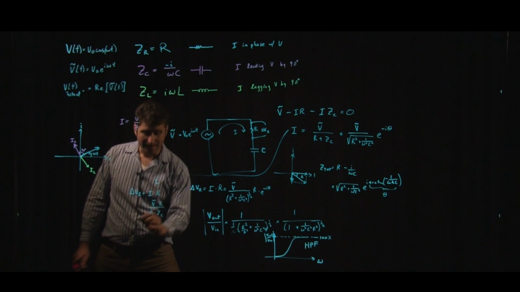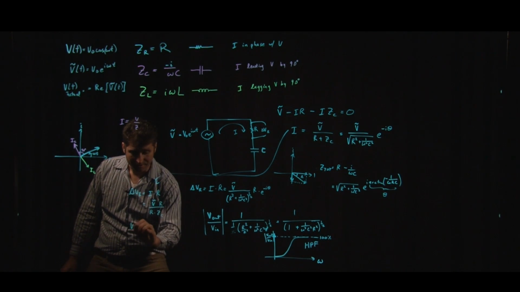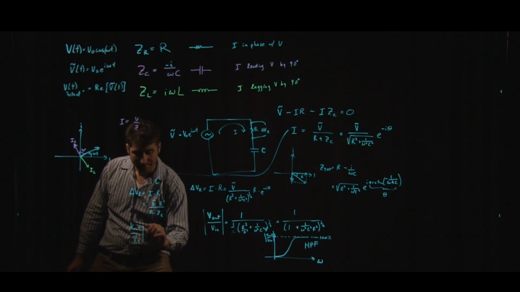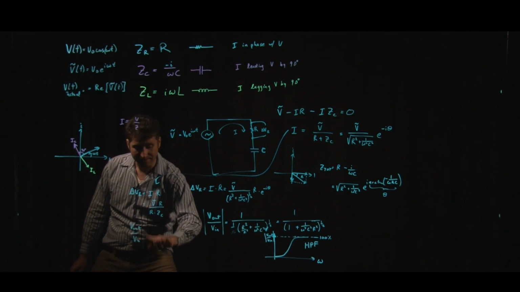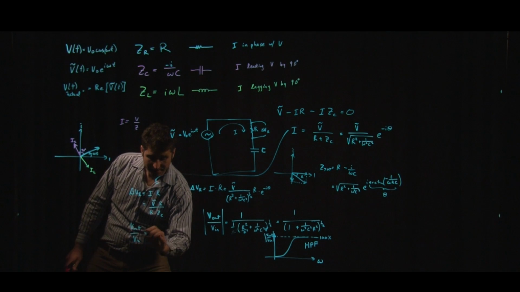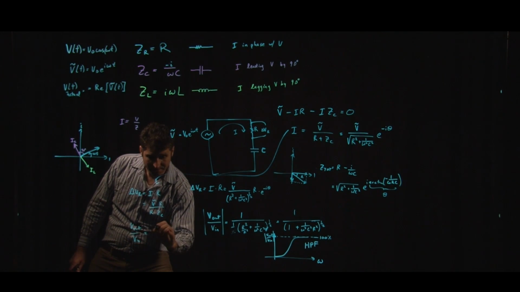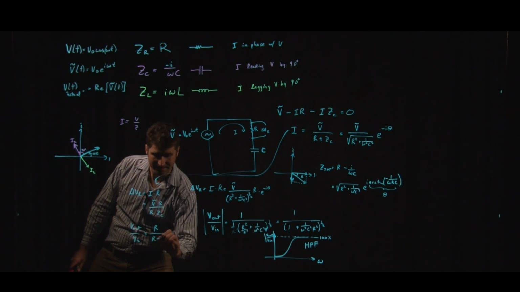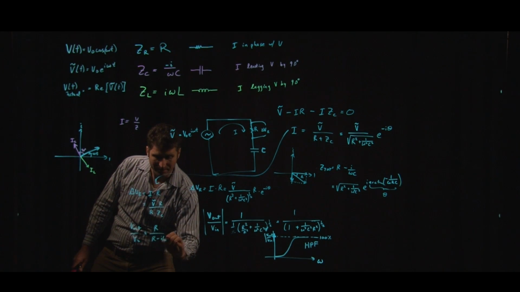So I could write my transfer function, my V out over V in. Actually, let's not even do it as an absolute value just yet. I could write that as r over r minus i over omega c.